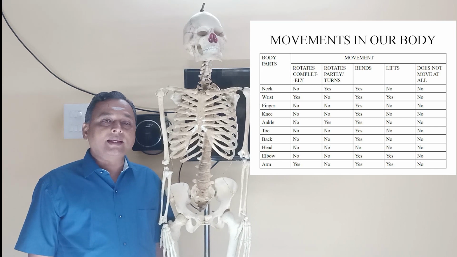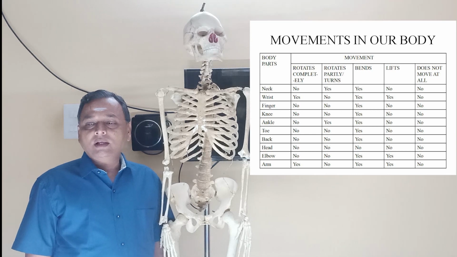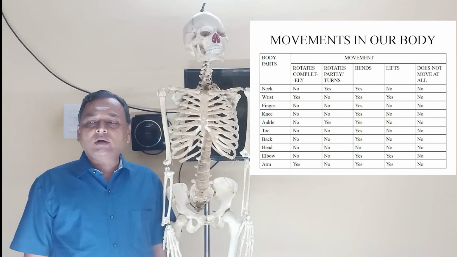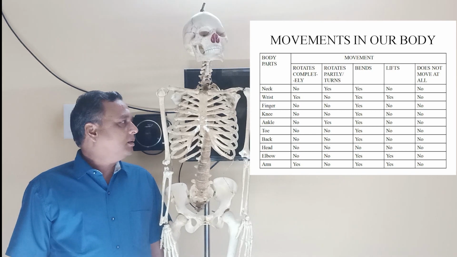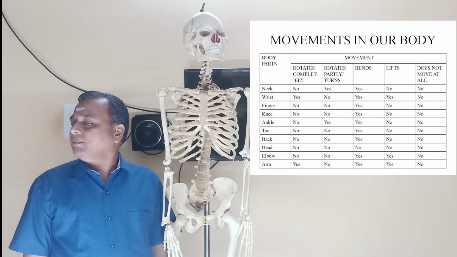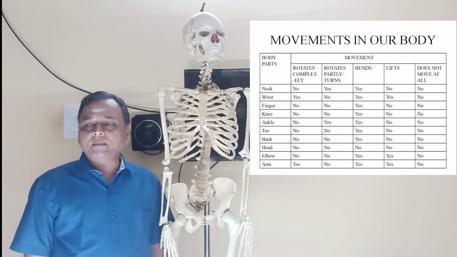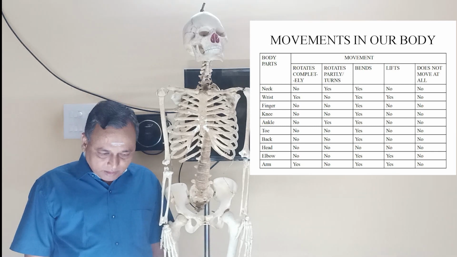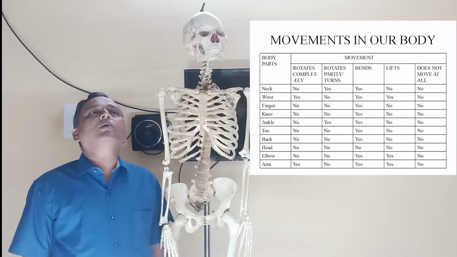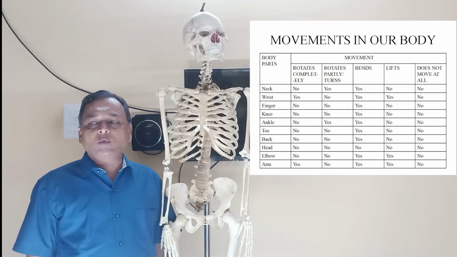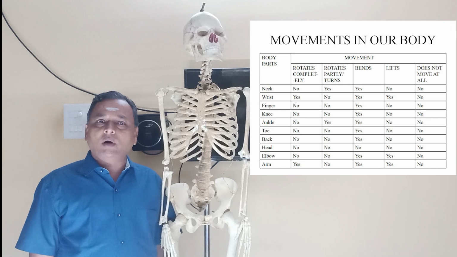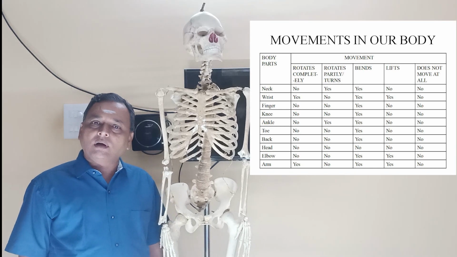For example, in the case of neck movement, rotate. What do you mean? Is it complete rotation? No. At the same time, you can see how it is able to bend forward as well as upward. Similar movements you can compare with our body parts and check with the chart.